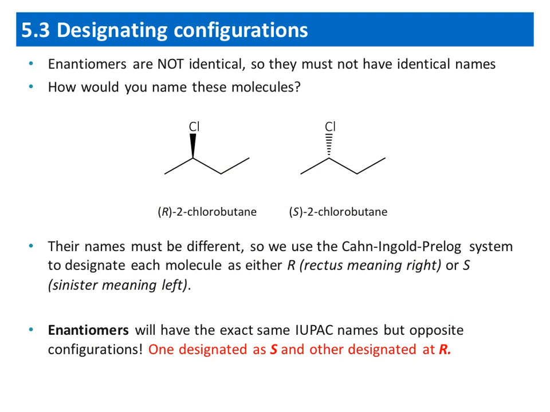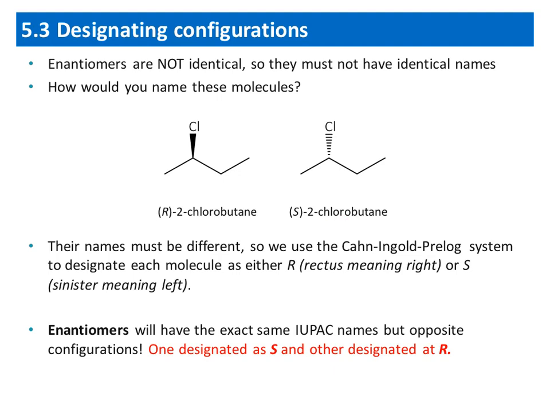Now, enantiomers are not identical, so they must have different names. We know that enantiomers are mirror images of one another, but they are not superimposable, so they are not identical. Now, how do we differentiate between them? If you look at these 2 molecules, they have the same connectivity, so we can write the same name for them, 2-chlorobutane.